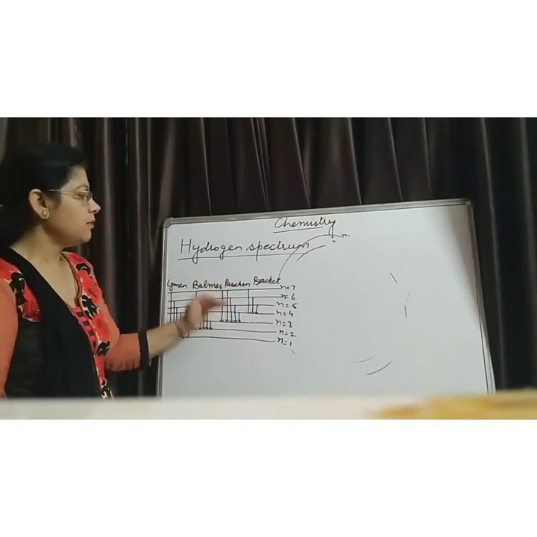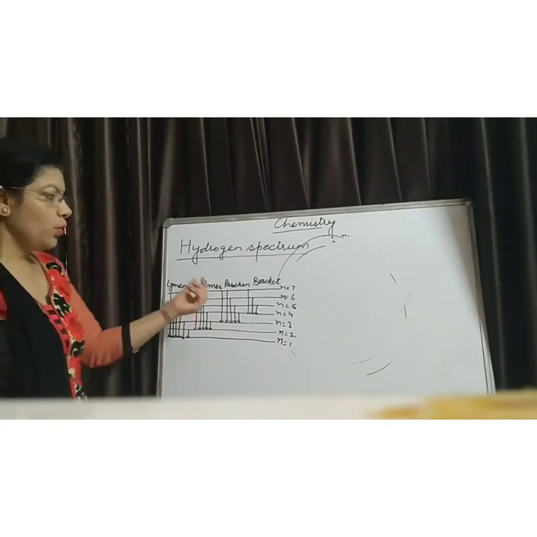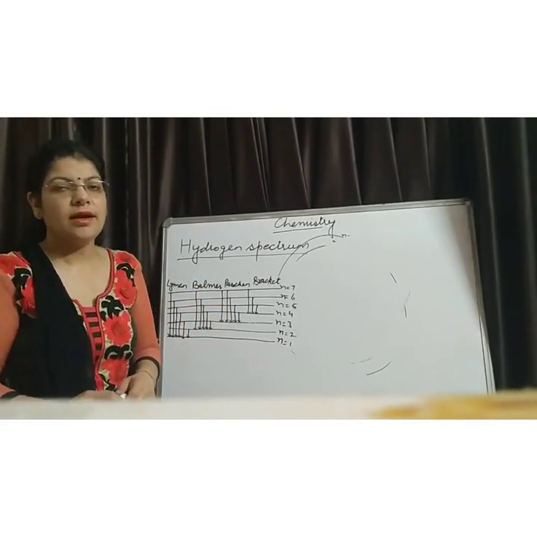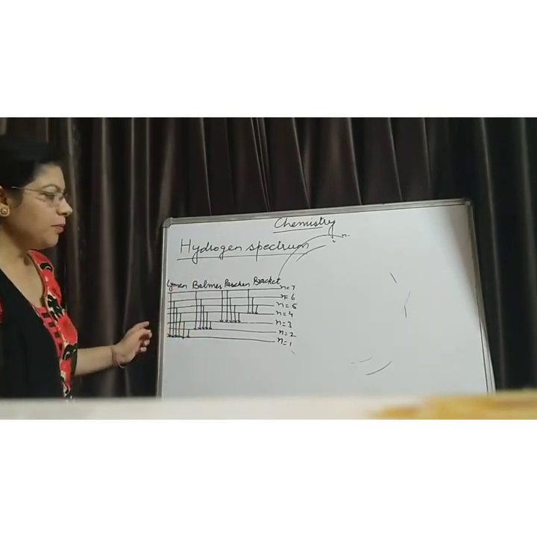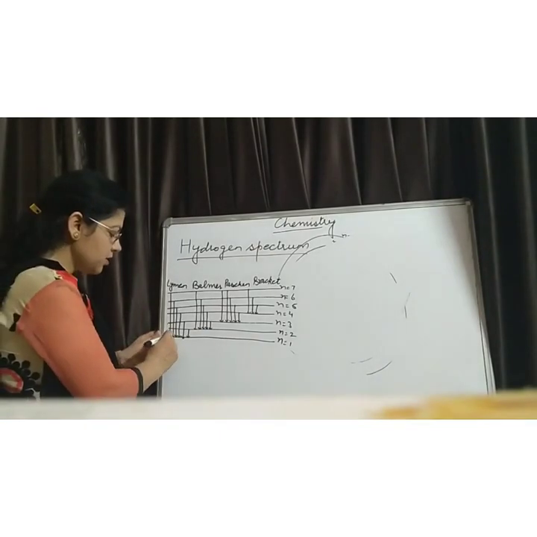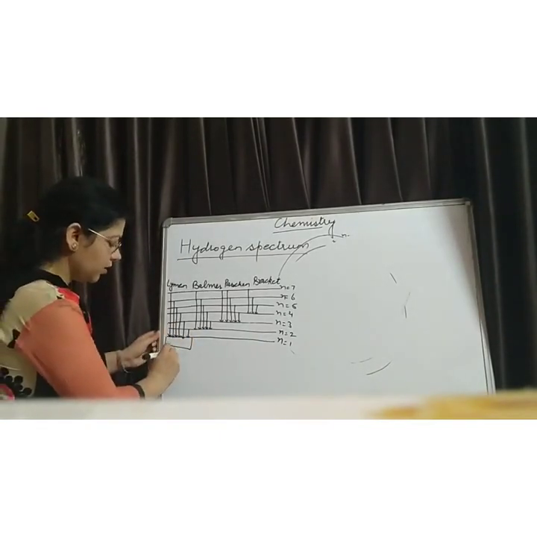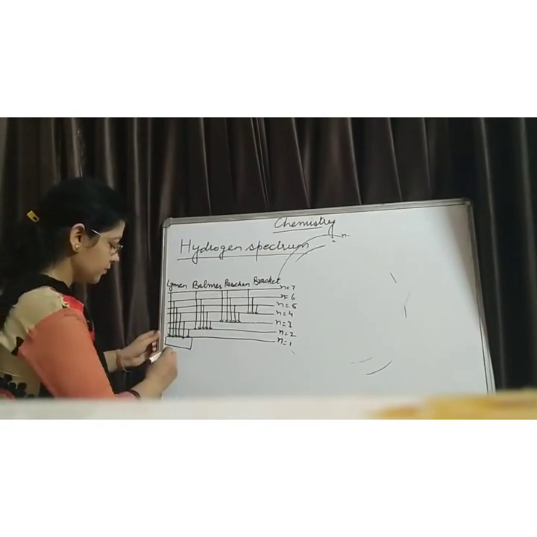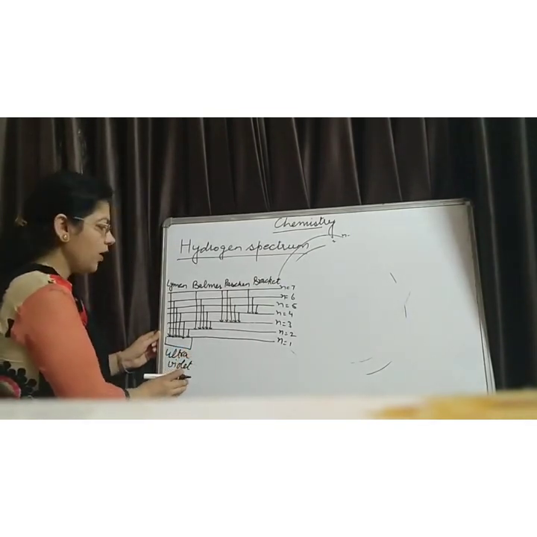This spectrum is known as the hydrogen spectrum, because we study these radiations for the single electron of the hydrogen atom. The Lyman series for the hydrogen atom falls in the ultraviolet region.